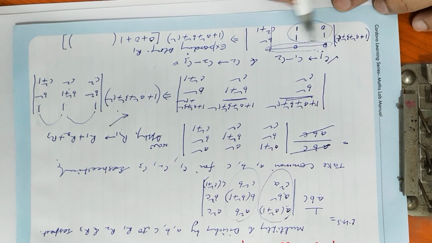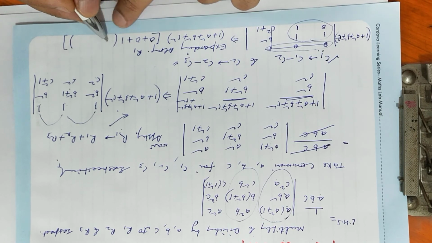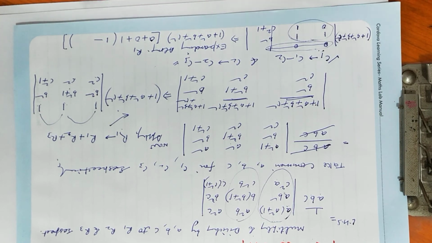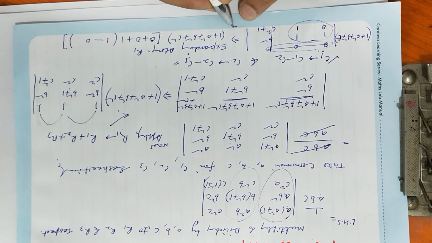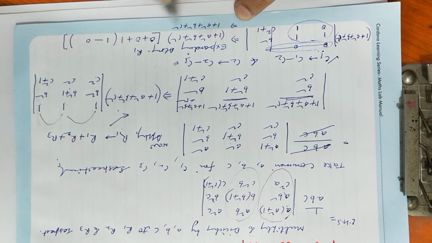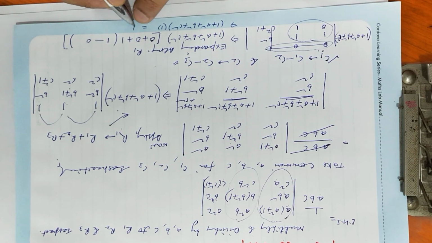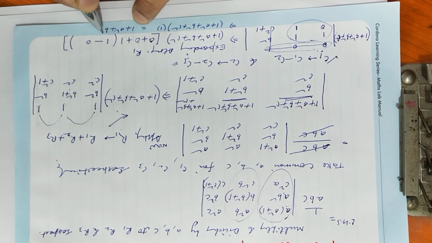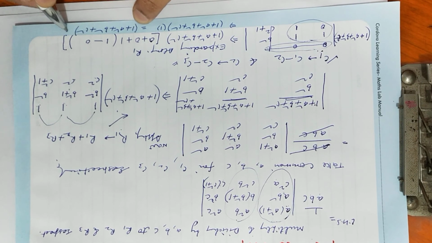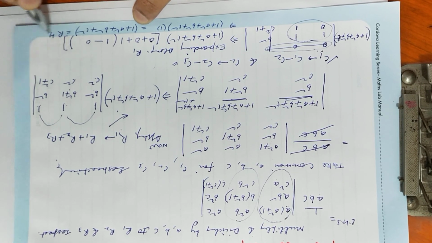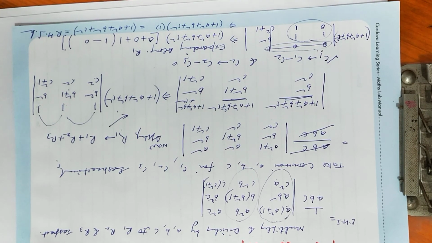You get 1 into 1 minus 0 into 1, 0. Got it? So 1 minus 0, and after simplification you will get 1 plus a square plus b square plus c square into 1, and it is your RHS. One more step we can write here: 1 plus a square plus b square plus c square, it is your RHS.